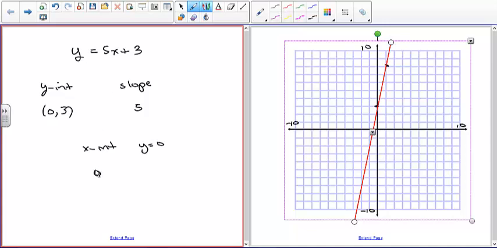So you get 0 equals 5x plus 3, or x equals -3/5. In some ways that's problematic because it'd be hard to plot that exactly right. So in this case, it's probably better to plot the y-intercept, which is easy to plot right on the grid, and then use the slope to find a second or third point.